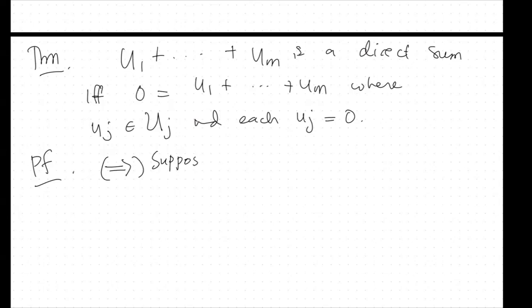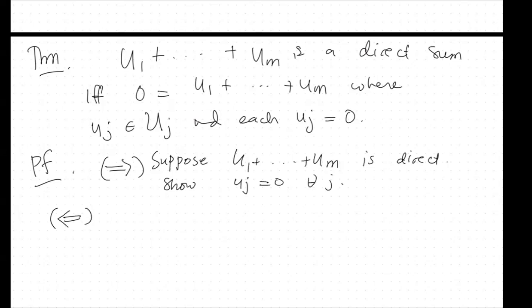Suppose U1 up to Um is a direct sum. Show uj is equal to 0 for all j. This part is easy.